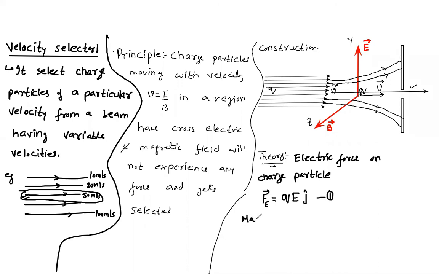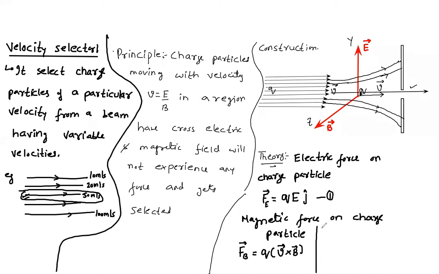Now the magnetic force on the charged particle. The magnetic force Fb is basically Q V cross B. V and B are perpendicular to each other, the angle between them is 90 degrees.